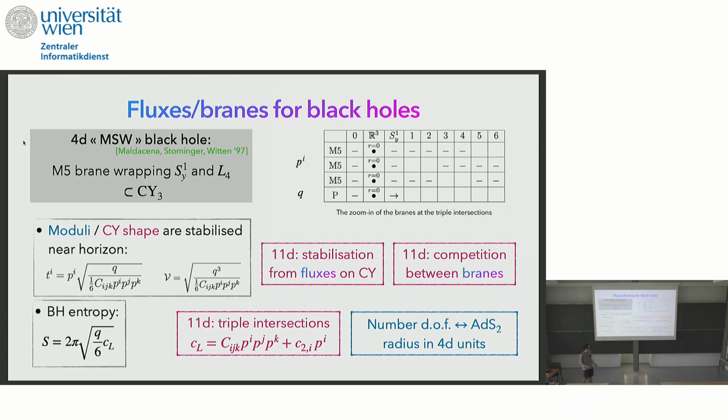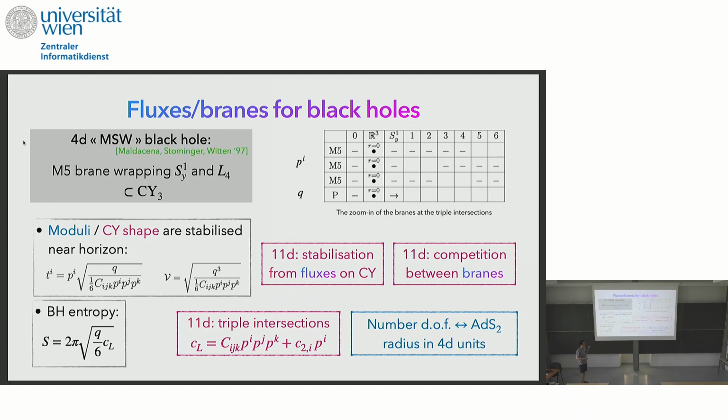From the four-dimensional perspective, you don't know anything about this, but you can just measure the area of the S2 at the horizon. This area of the horizon S2 is related to the AdS2 radius in four-dimensional units.